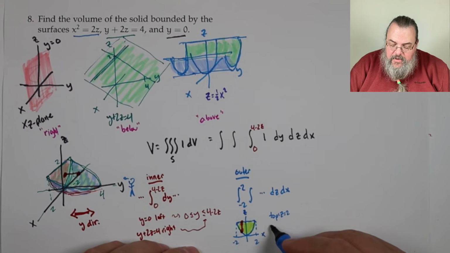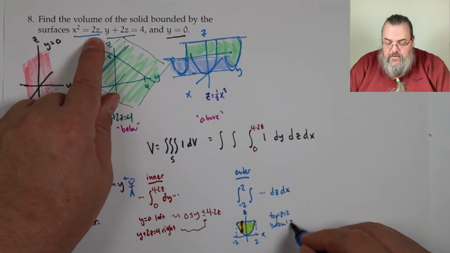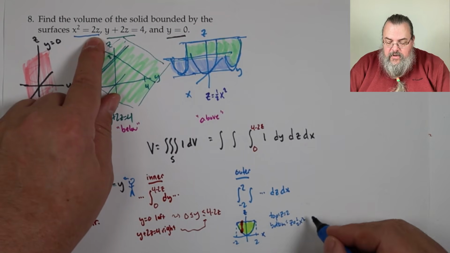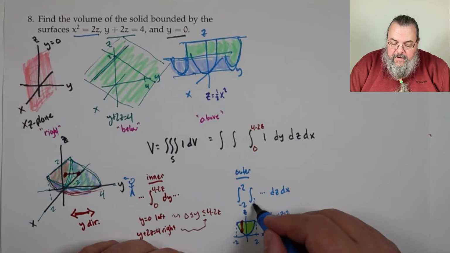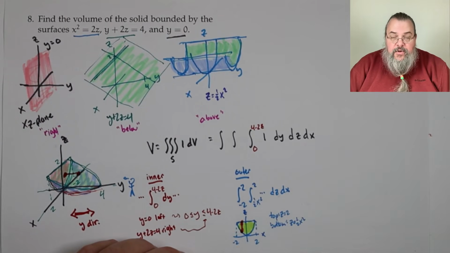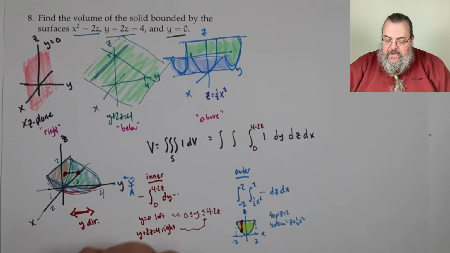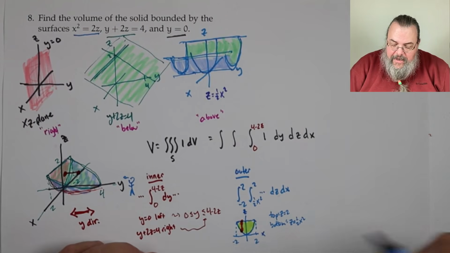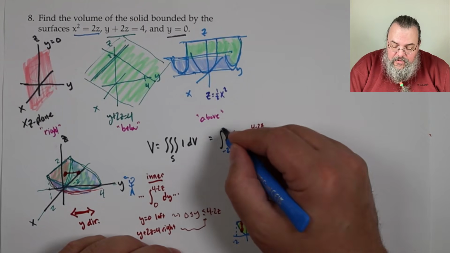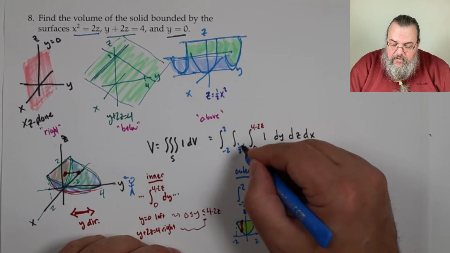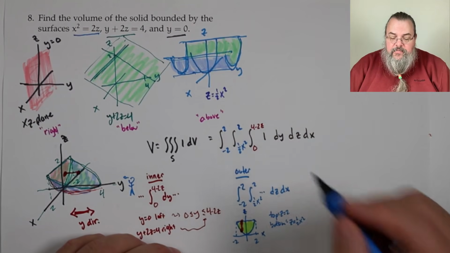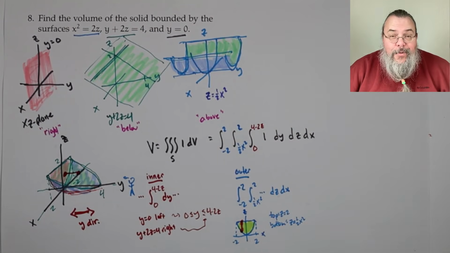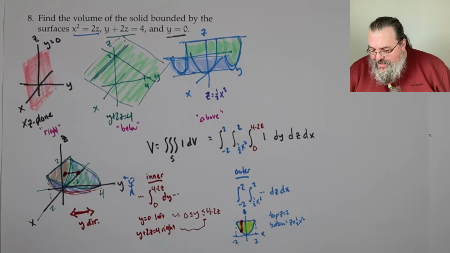The parabola at the bottom, that's our z equals 1/2 x squared. So we're going to go from 1/2 x squared up to 2. And those are going to give us our outer two layers, -2 to 2, 1/2 x squared up to 2. And we're off to the races.